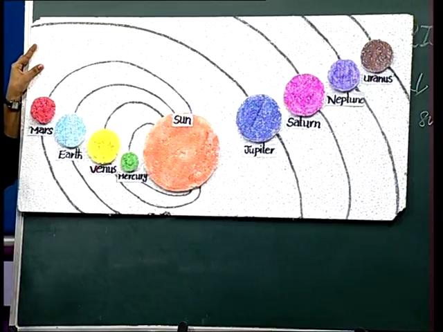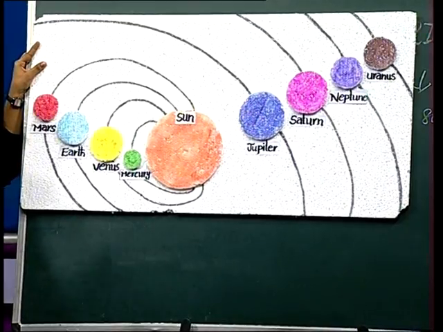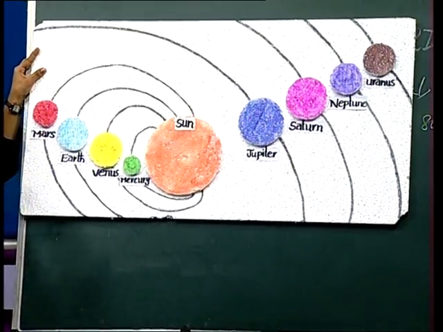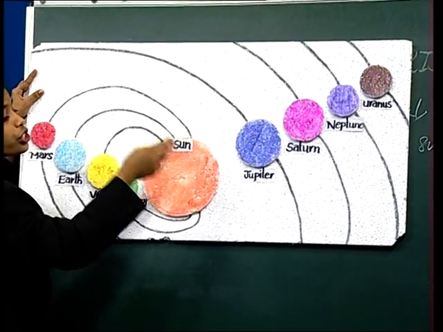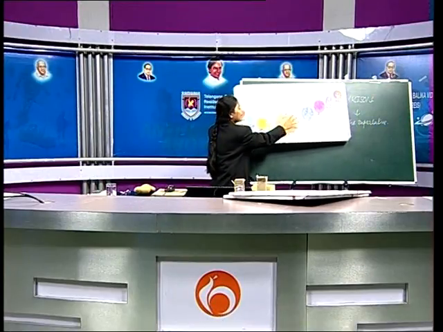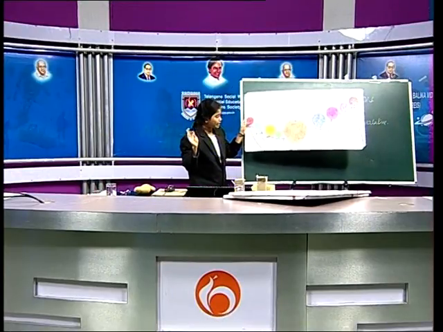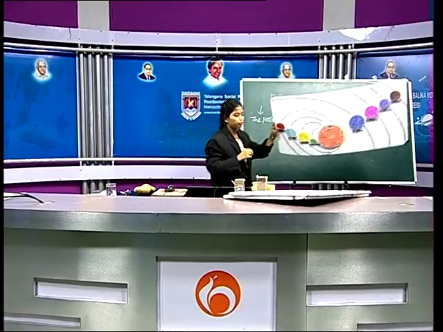Here the comparative is formed when er is added to the positive form of the adjective, and the superlative is formed when est is added to the positive form of the adjective. So these 3 planets are a superb example for the positive, comparative and superlative.